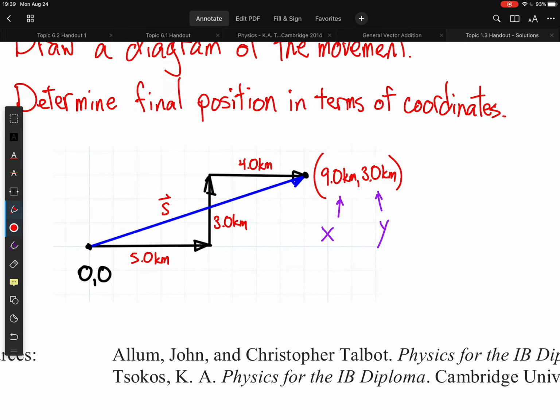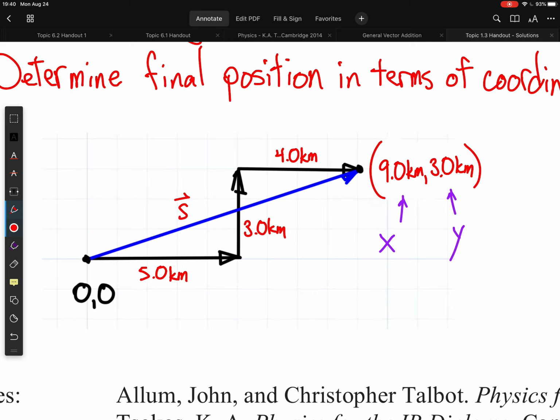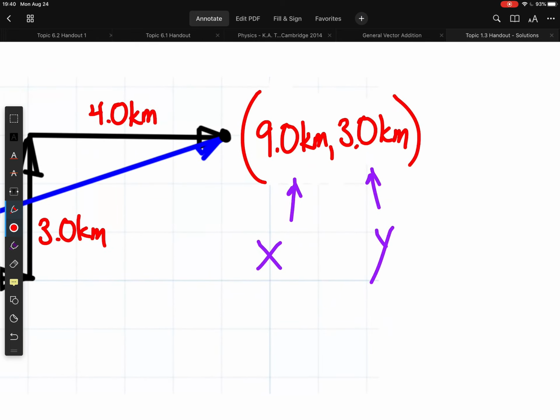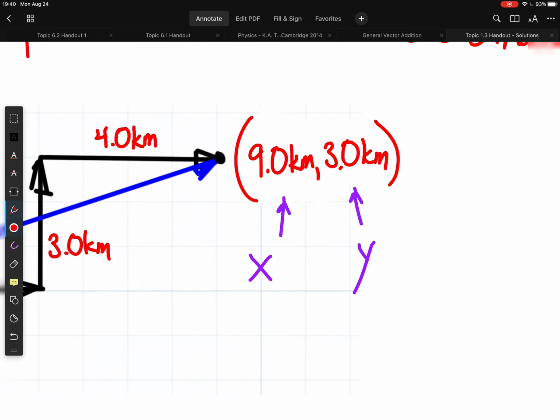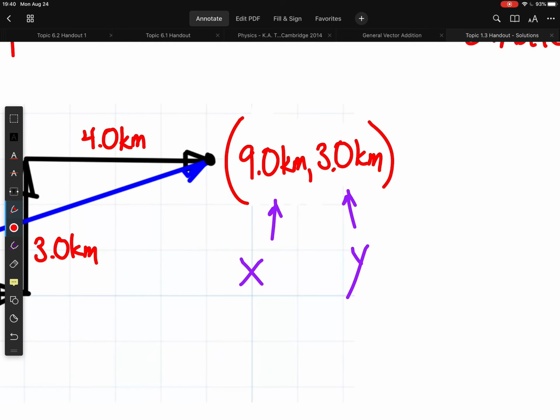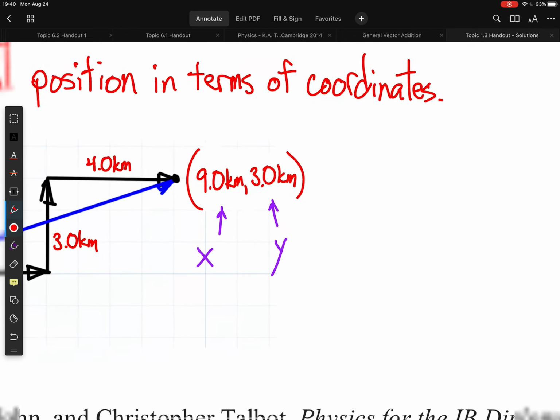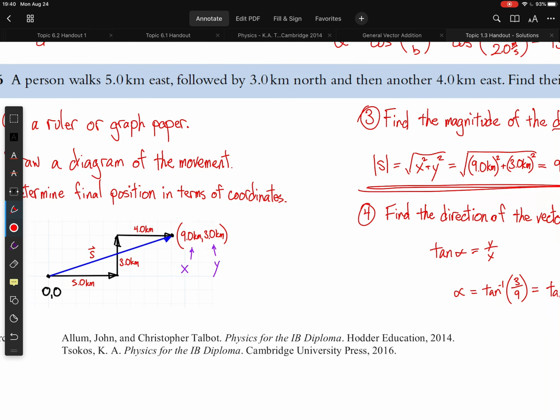The important information that I can glean from this diagram, in particular though, is the coordinates of my final destination, which in terms of XY coordinates is 9.0 kilometers and 3.0 kilometers.